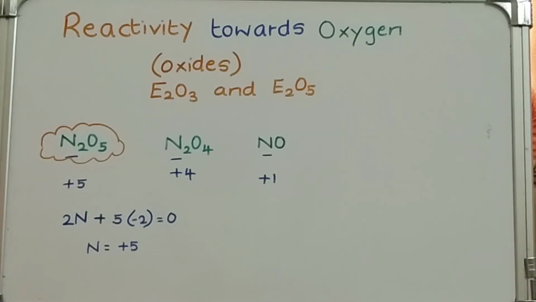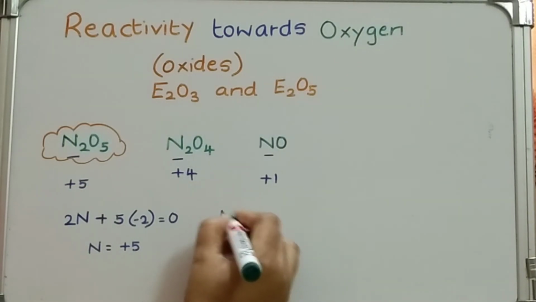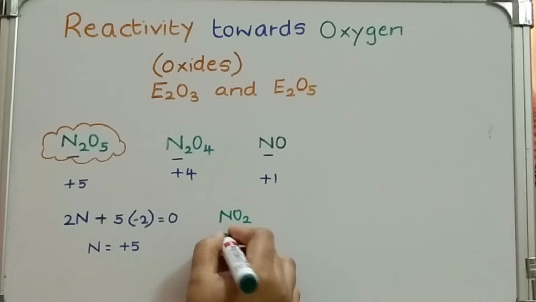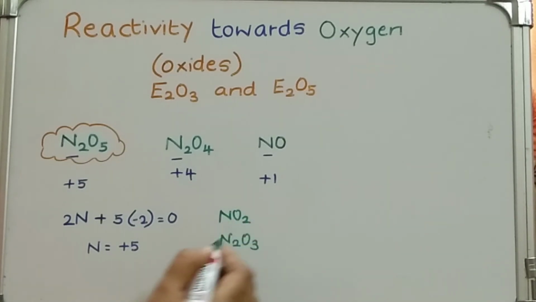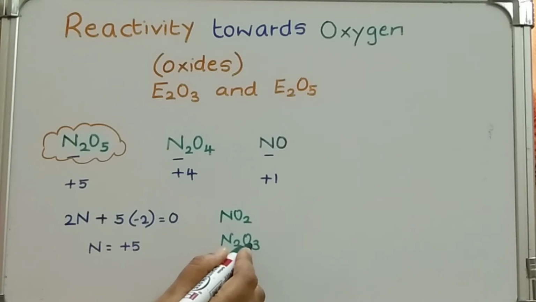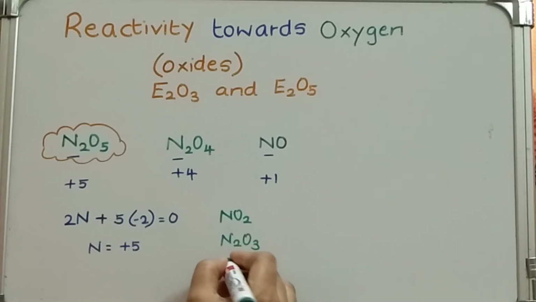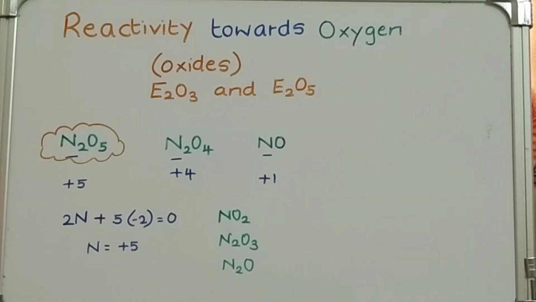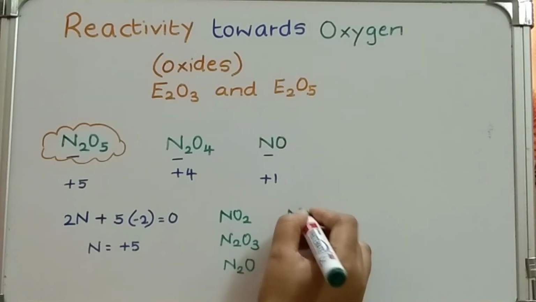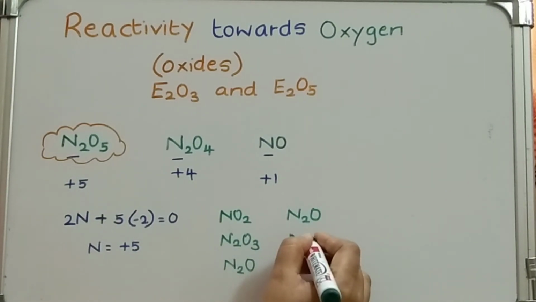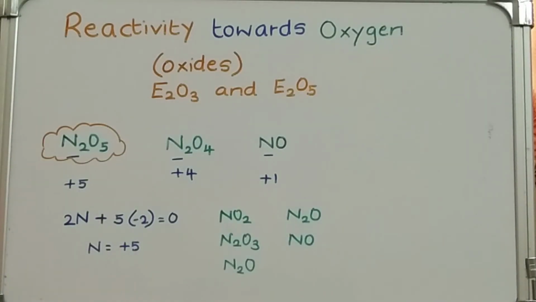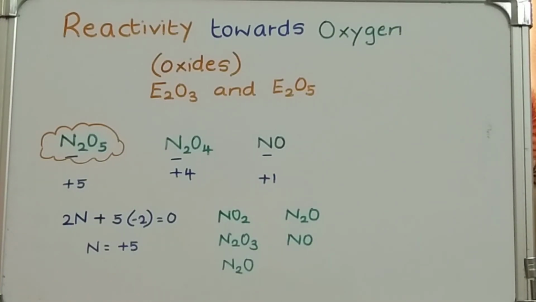The other oxides formed are NO2, nitrogen dioxide, N2O3, dinitrogen trioxide, and N2O, dinitrogen monoxide. So these are the oxides of nitrogen.